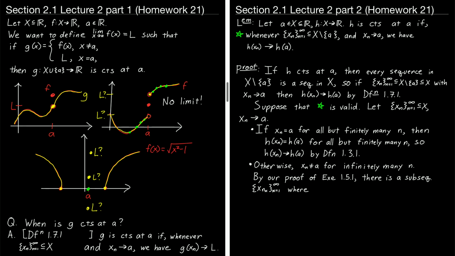So we've got our subsequence where xnk is not equal to A for all k.